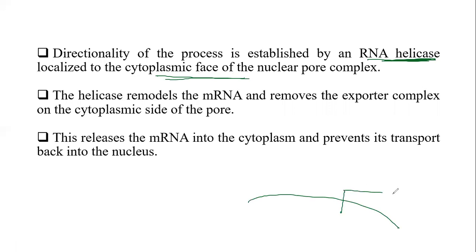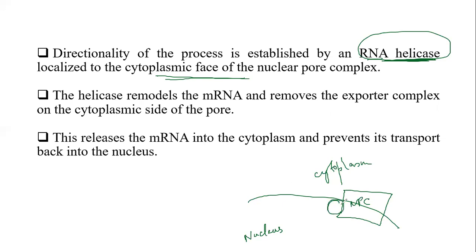You have the NPC over here. ये cytoplasm हो गया, ये आपका nucleus हो गया. Correct? This is your NPC. Now we are saying that RNA helicase is present at the cytoplasmic face, यानी कि वो यहाँ कहीं present है. Now why is it important that RNA helicase should be present over here?